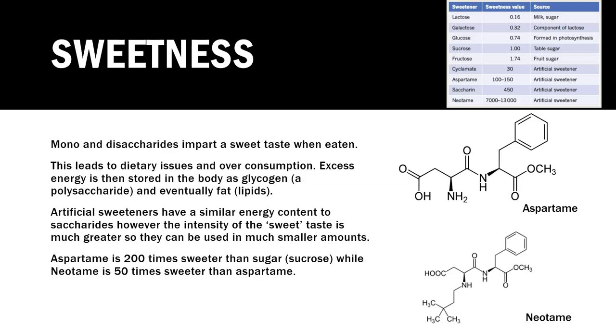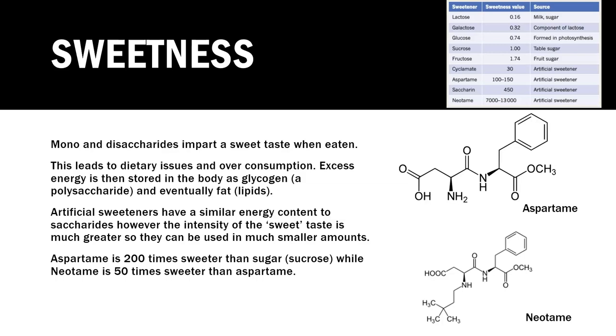One of the approaches to this is to use artificial sweeteners to replace sugar in things like foods and soft drinks. The misnomer about these is people believe that the artificial sweeteners don't actually contain as much energy as sugar, and this is not the case. The artificial sweeteners have about the same energy per gram as our monosaccharides and disaccharides. The difference, however, is that they have a much greater sweetness.